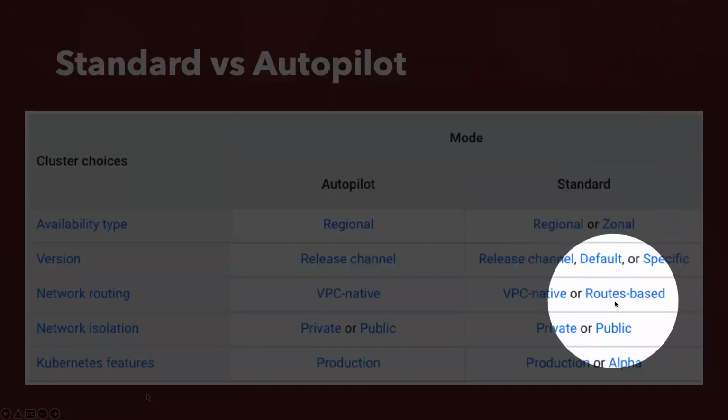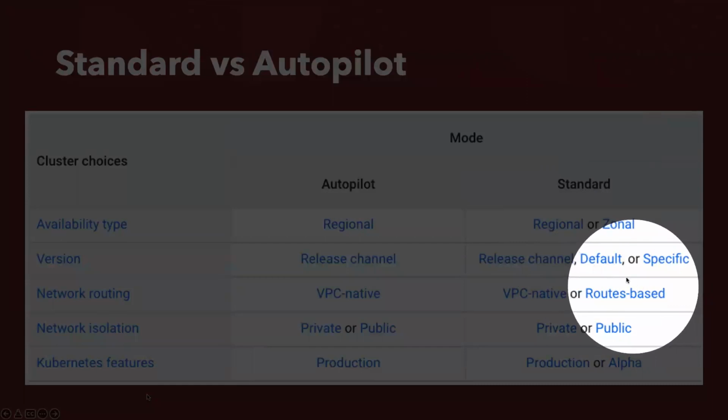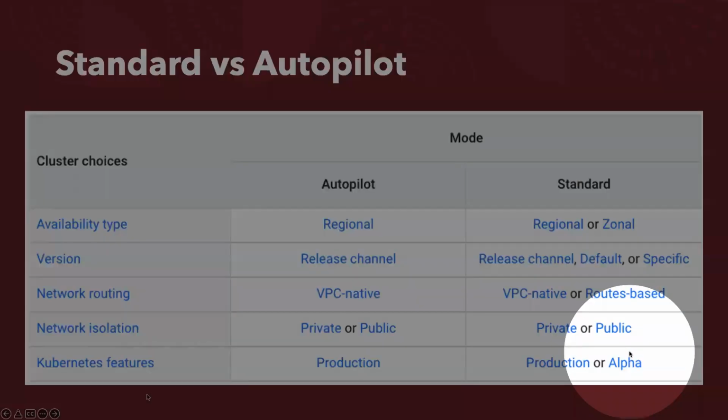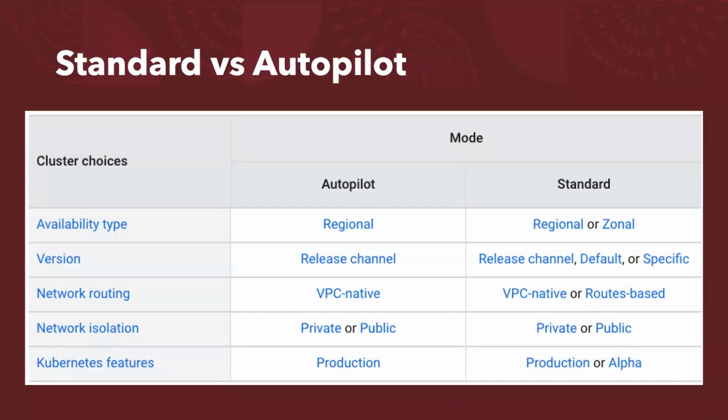If you need routes-based routing, go with standard. Do you need an alpha feature? If you need anything listed here, you need to create a standard cluster. Otherwise, you don't have the full configuration capability options.